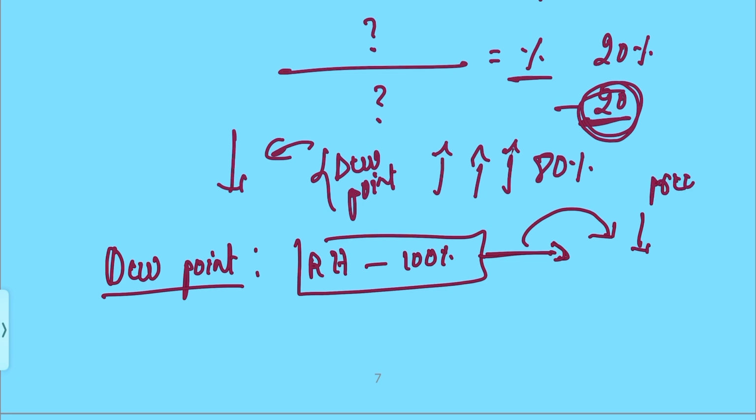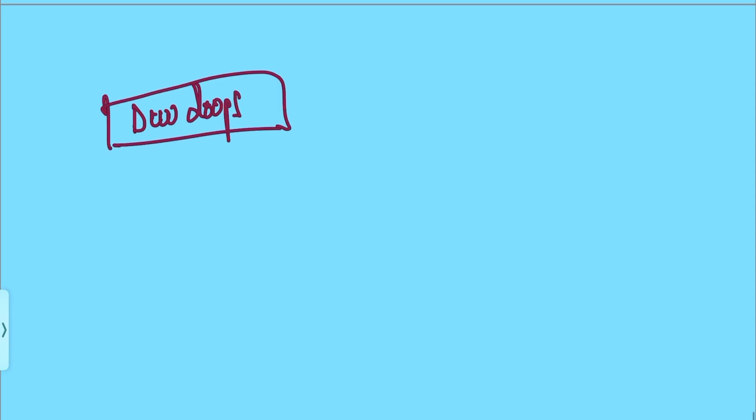Now you might wonder why this is called the dew point, and it is very clear. In the morning when you get up, you see dew drops on leaves, and if you have a car, on your car or on other objects. So why have the dewdrops accumulated?